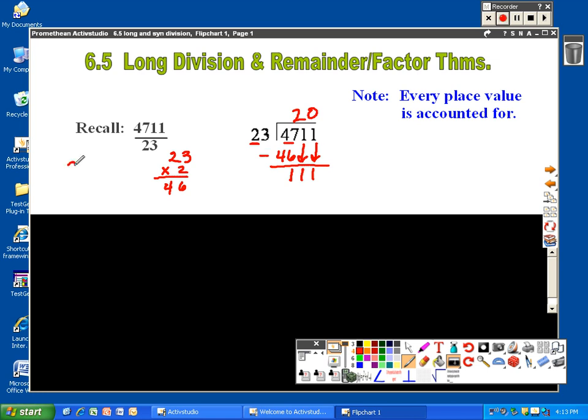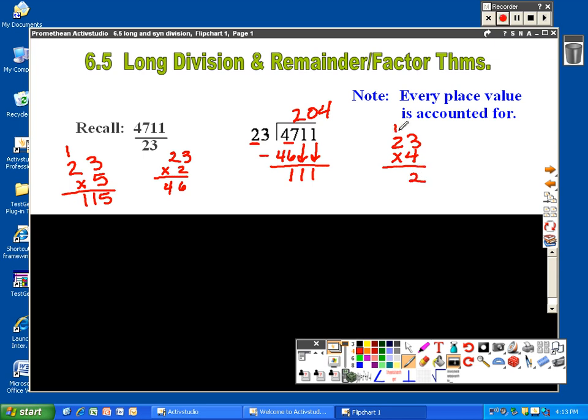And people would say 5. So you'd come over to the side and you'd take the entire divisor times 5. And you got 115. You'd say, that's too big, so then I know it must be 4. And then you'd come over to the side and you would actually take 23 times 4, the whole divisor times your factor.